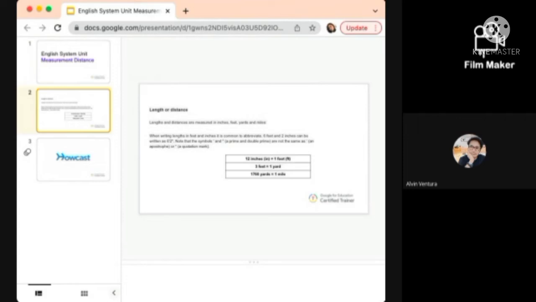Note that the symbols, a prime and double prime, are not the same as an apostrophe or a quotation mark. So 12 inches equals 1 foot, 3 feet equals 1 yard, and 1,760 yards is equal to 1 mile.